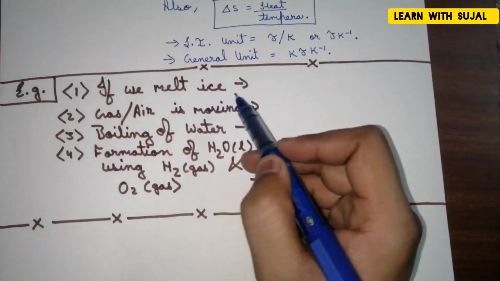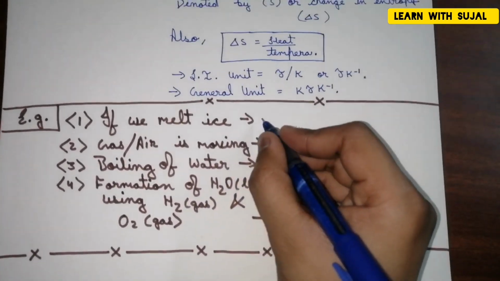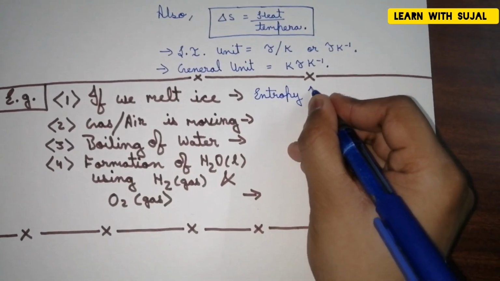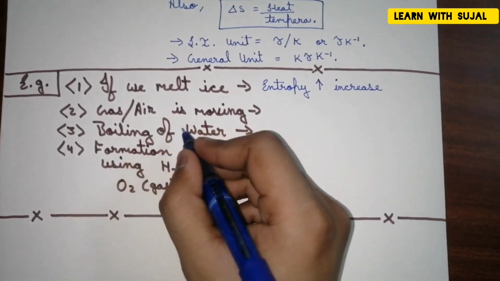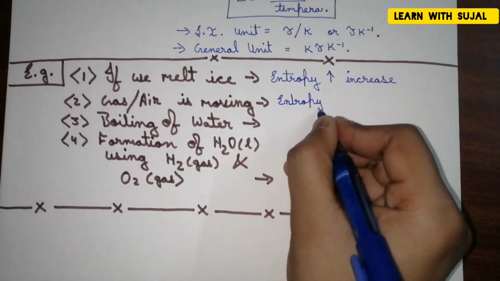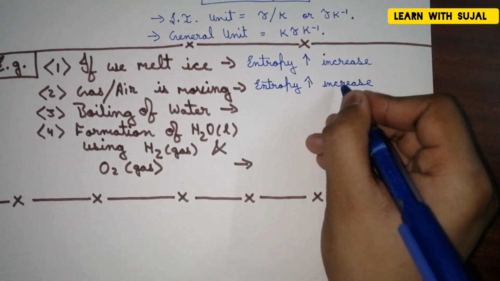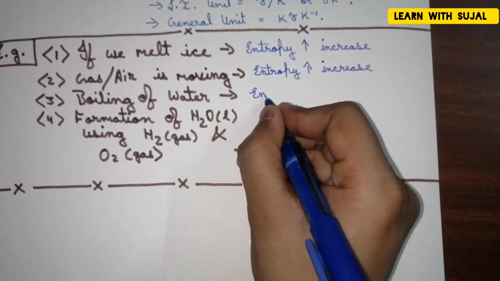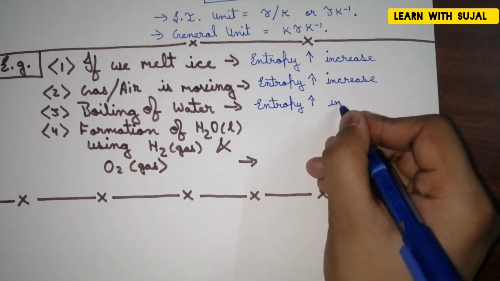Okay, let's take a few questions on this. If we melt ice, then its molecular speed will increase, so its entropy level will increase. Take another example. If gas or air is moving, then its particular area will be small and the entropy level will increase. Boiling of water: if we boil the water, then its molecular level will increase, so its entropy also increases.